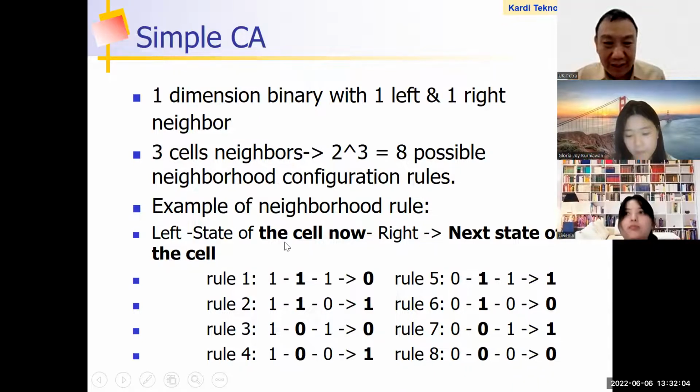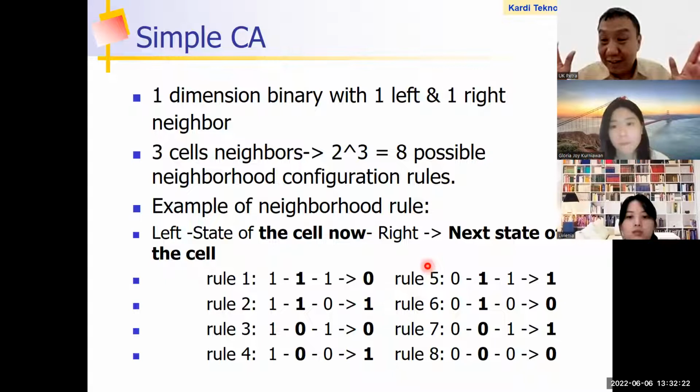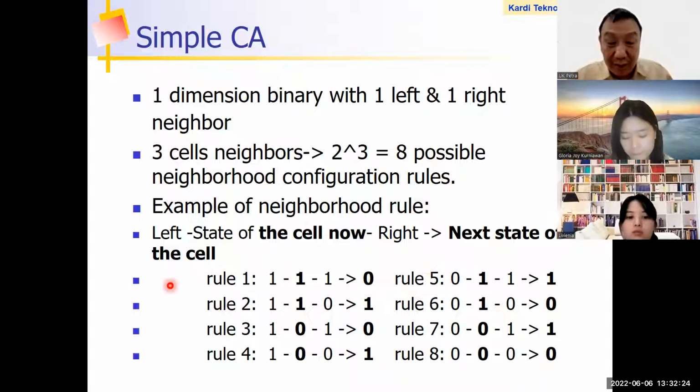In that case, you can state it this way. On the left side is the state of the cell now, because it's a rule, right? You have only 8 cases for each of these 256 rules: 111, 110, 101, and so on until 000.